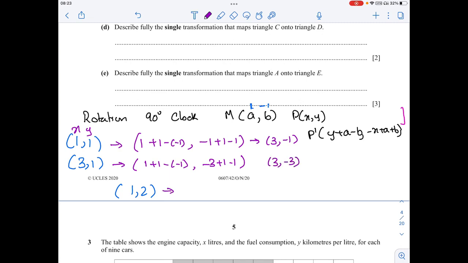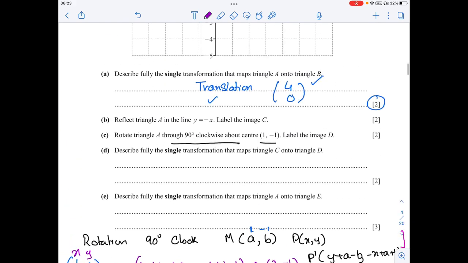And what about 1, 2? It becomes y plus A minus B, minus x plus A plus B. So it becomes 4, negative 1.